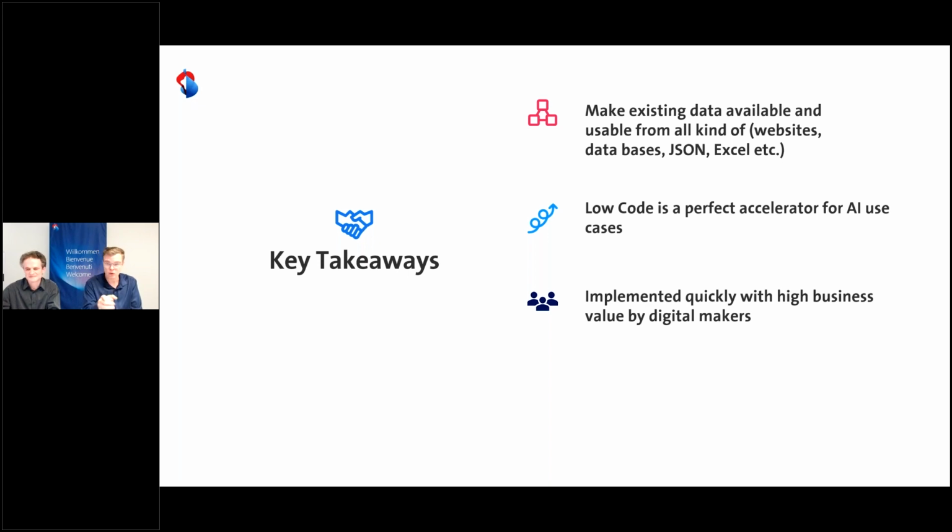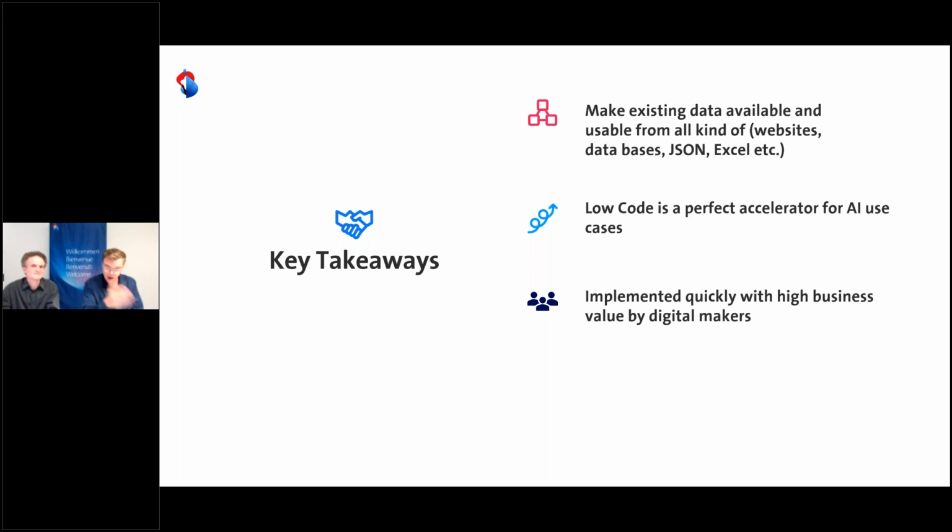It could be even JSON files or XML files. It could be all those old Excel spreadsheets where the information is still relevant, but you can't easily find it. Just think about any data you have lying around in your company, you can use it. And if you can't use it, we can use Power Automate to transform the data to make it usable. That's not a problem at all.